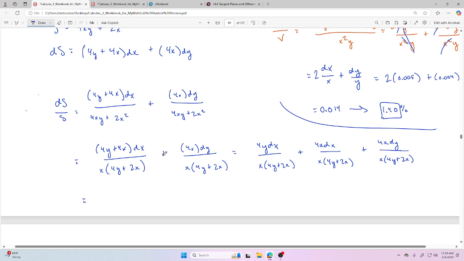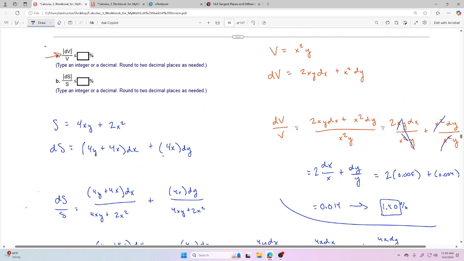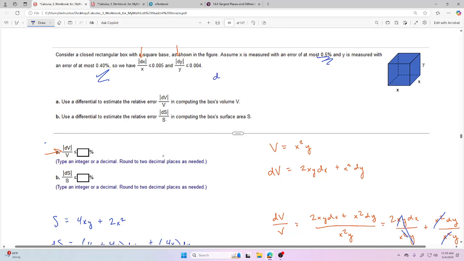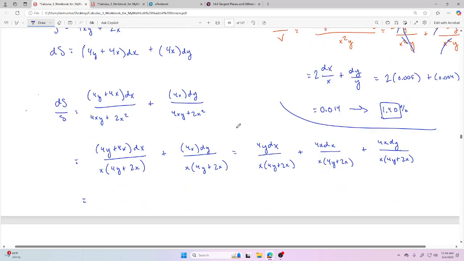I mean, I get you. That would get rid of my dx's and stuff. So here's the proposal. Up here, we have dx over x, and I'm just going to say it's equal to this stuff. Then you can solve for dx by moving the x over. Same with the y. Then you could plug that in and get some more stuff here.